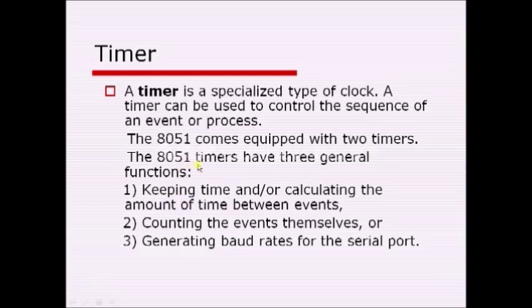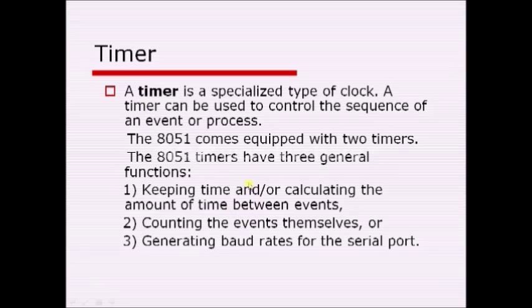These timers are mainly used for these functions: we can generate delay with the help of these timers, we can count the events happening outside the controller with the help of these counters, and we can also generate baud rates, which is used in serial communication. So these are the 3 important functions that can be done with the help of timers.